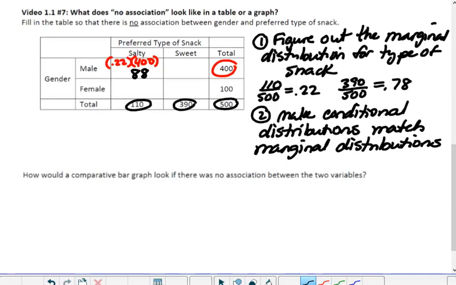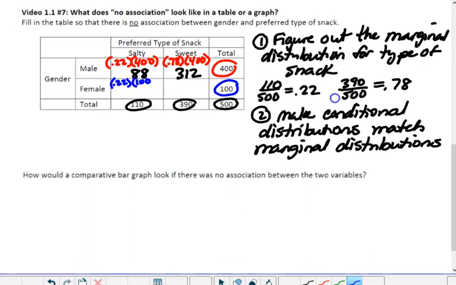And then I want to do 0.78 times 400, or I could just subtract 88 from 400, and I get the rest of the males, which are 312. So 312 are in the sweet category, 88 in the salty category. Then for females, there's 100 of those. I want 22% and 78%.